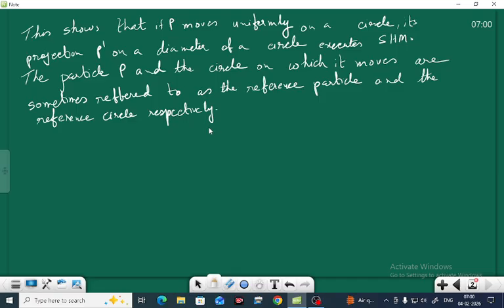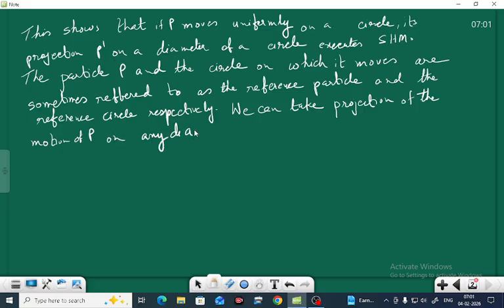We can take the projection of the motion of P on any diameter, say on the y-axis. The projection of the motion of P on the y-axis is given by y is equal to a sin(omega t plus phi).